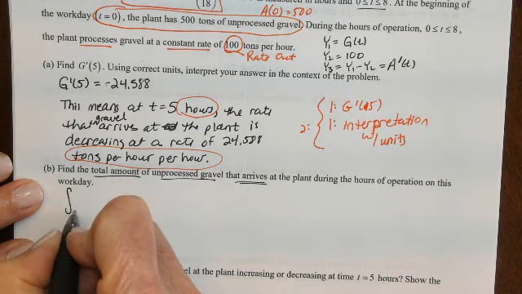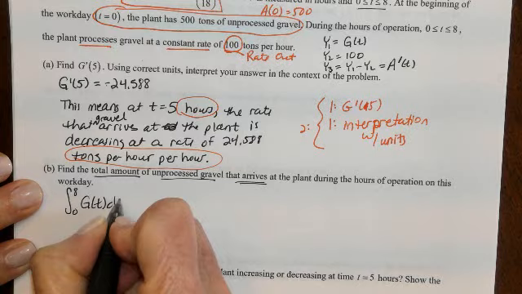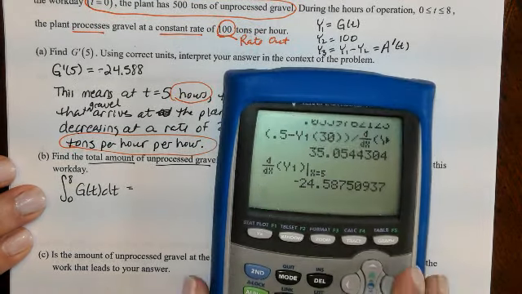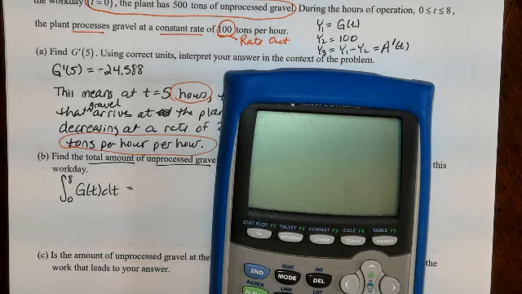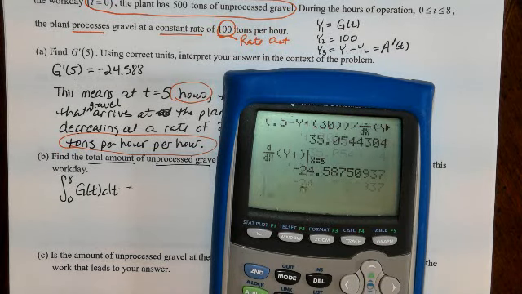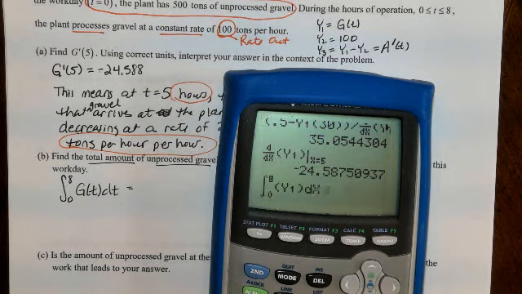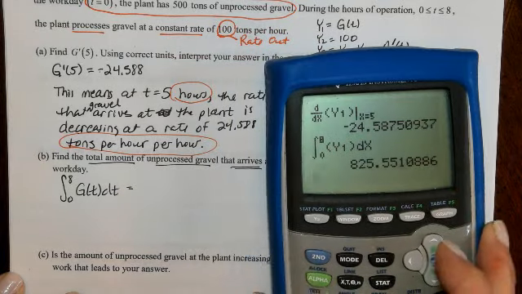So that's our integral from 0 to 8 of G of T. That's the expected one on these types of problems. So Math 9, the integral from 0 to 8 of G of T is my Y1. So 825.551.